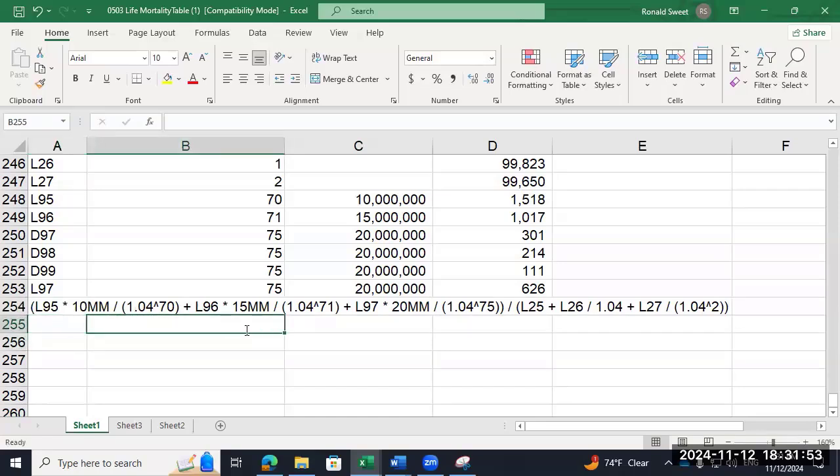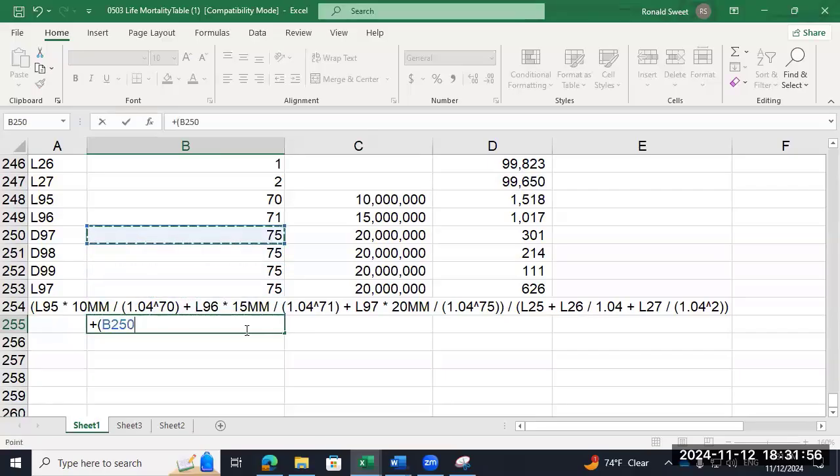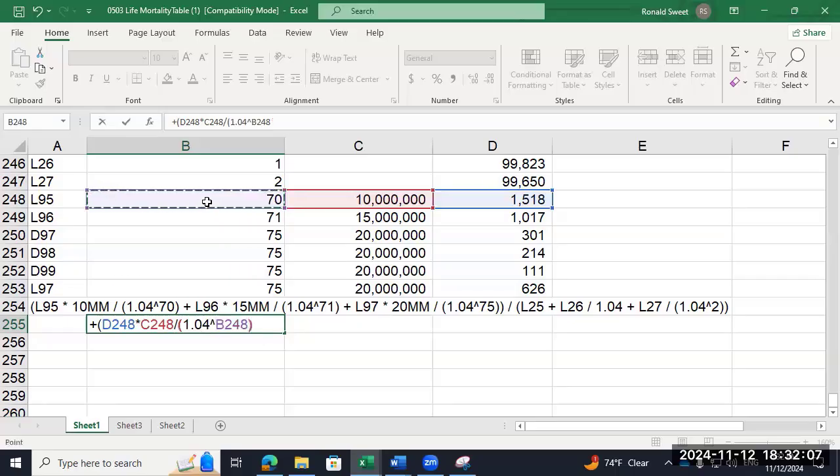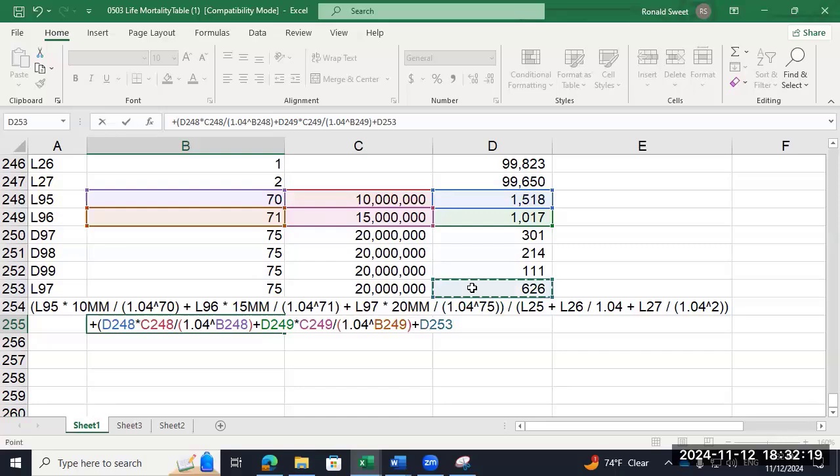So if we set this up, we've got 10 million, 1,518 times 10 million divided by 1.04 raised to the 70th, plus 1,017 times 15 million divided by 1.04 raised to the 71st, plus those last ones times 20 million divided by 1.04 to the 75th.